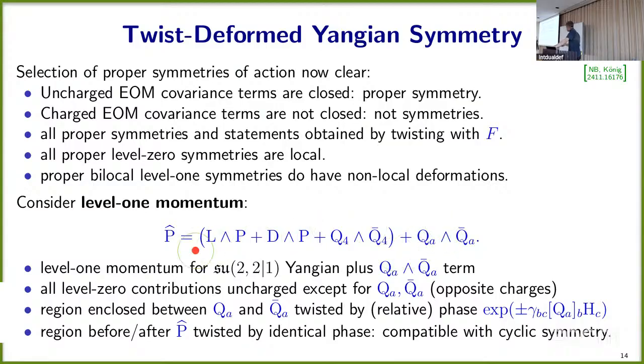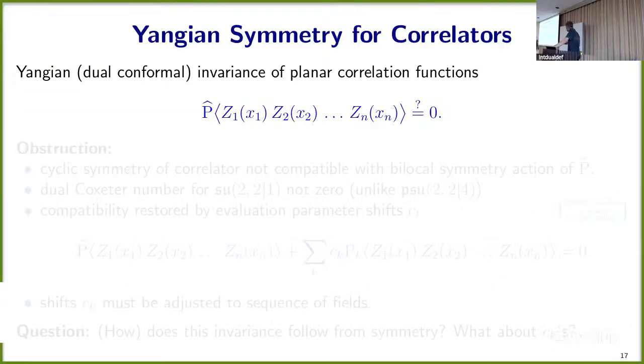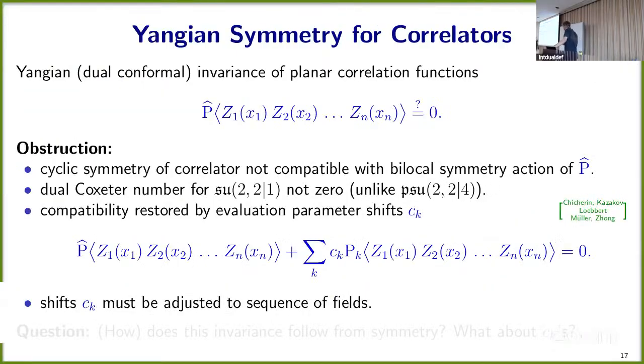So the dual Coxeter number comes from a consideration of this whole thing here. If you take everything, the dual Coxeter number would be 0. If you just take the first three terms, it's not 0. And if you use that to define your Yangian symmetry for correlators, you're in trouble.